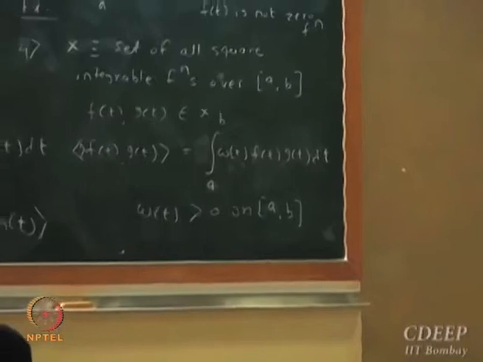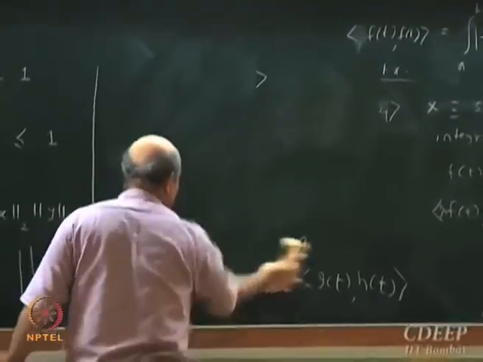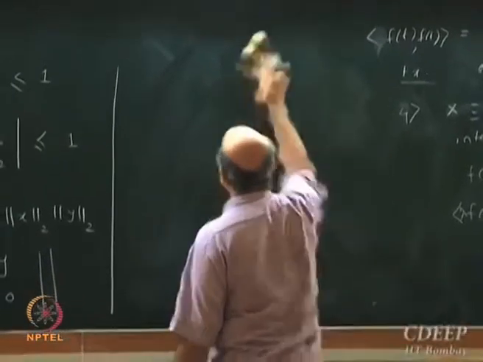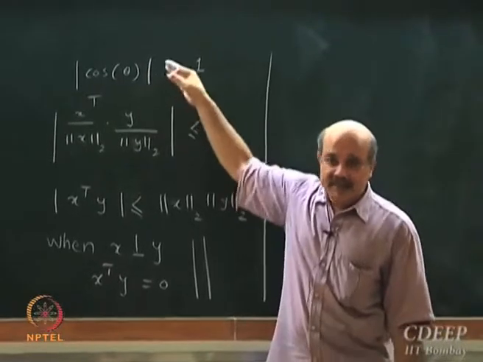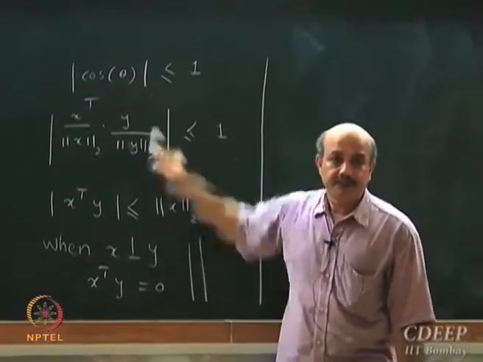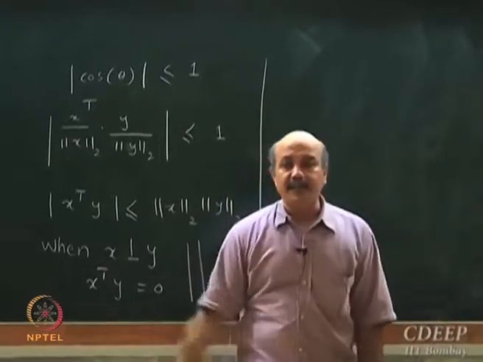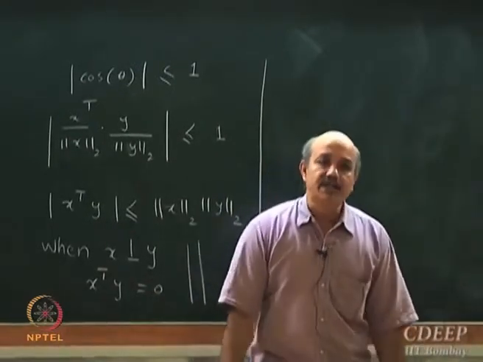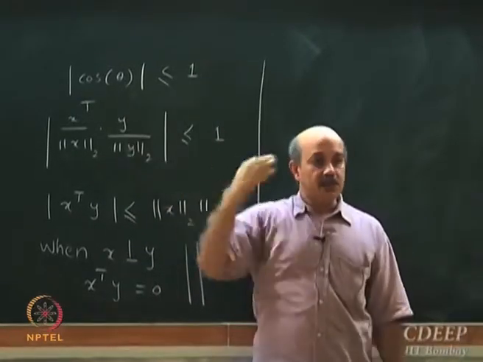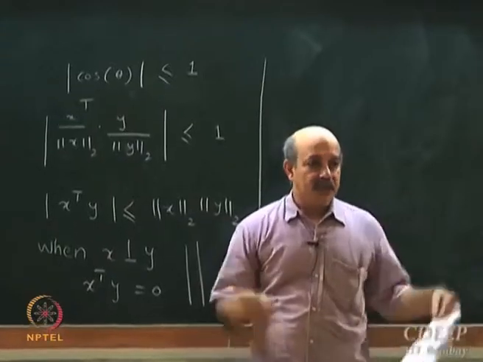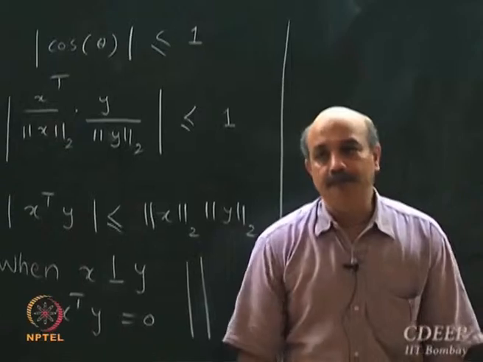So let me start preparing for this. I need to prove an inequality which exactly captures this part. In order to show that an inner product defines a norm, I need to prove an inequality called the Cauchy-Schwarz inequality, and this inequality will help us come up with a connection between inner product and the so-called 2 norm.